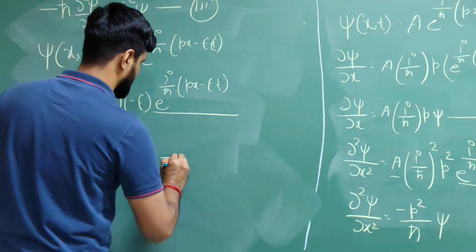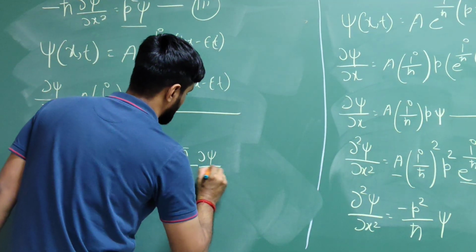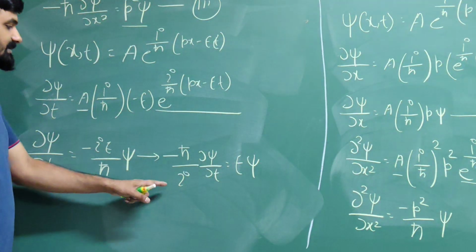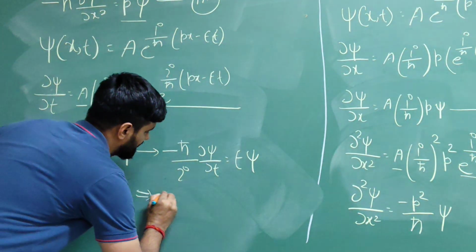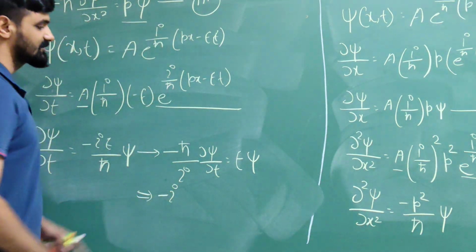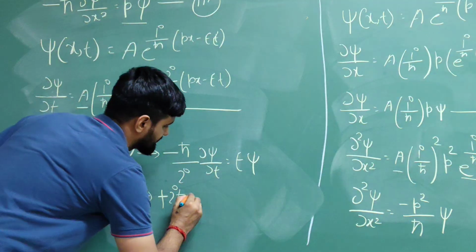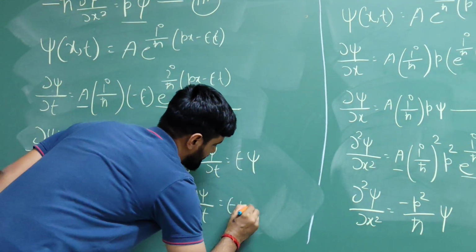So I can write that minus h squared divided by i del psi by del t is equal to E psi. In this equation, if I multiply by i in the numerator and denominator, I will be getting minus i squared, which is minus 1, so minus minus will be plus, i h squared del psi by del t is equal to E psi.